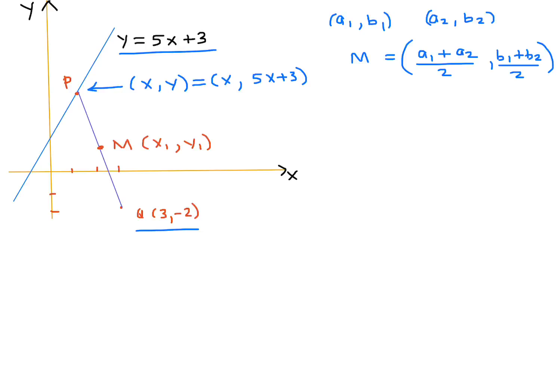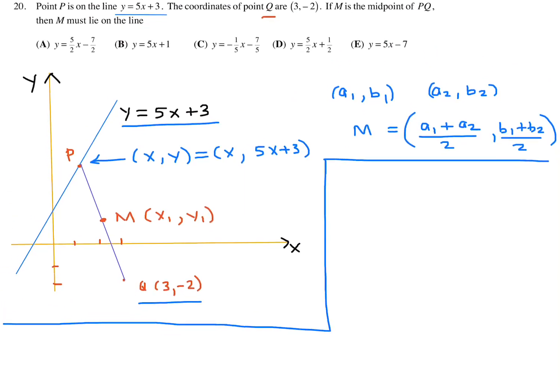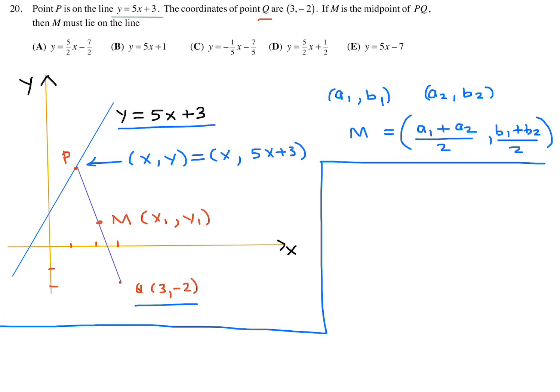Because y is equal to 5x plus 3, and that is the line that P is on. So we can just proceed with this midpoint formula. I think I can squeeze it in. All right, here we go. So M, which is x1, y1, is equal to, so I'm going to add these two. These are 2 points. So x plus 3 over 2.